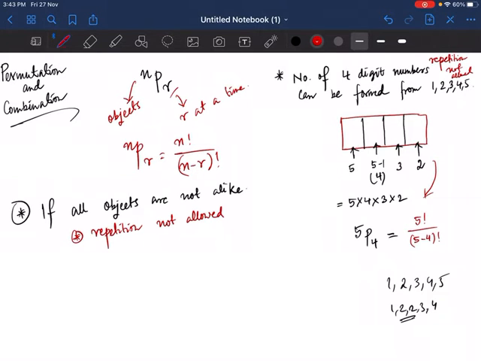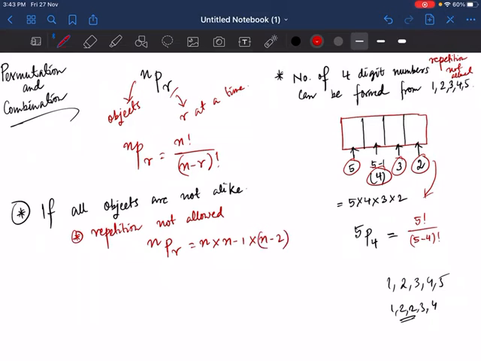When repetition is not allowed, the first compartment is filled in 5 ways, the second in 4 ways, the third in 3 ways, and the fourth in 2 ways. So when repetition is not allowed, the formula is nPr, which is decreasing: n into n minus 1 into n minus 2.